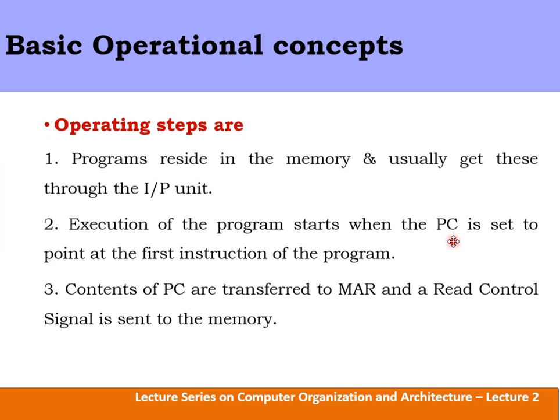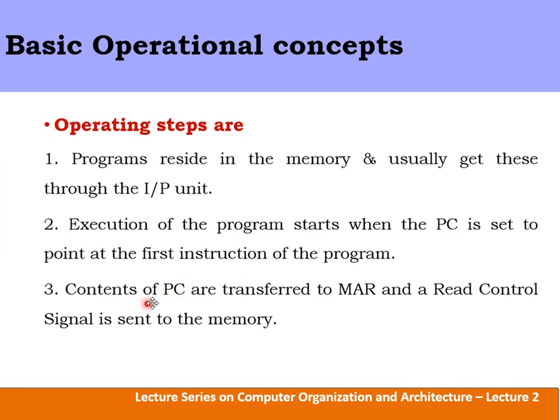That address will be available in the program counter. So when we begin the execution for the first time, the program counter should point to the first instruction of the program.